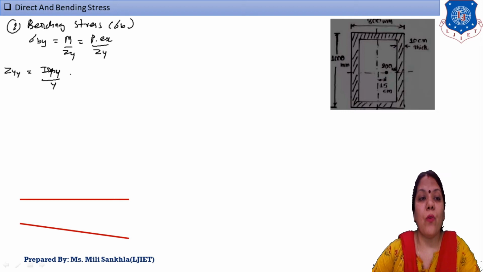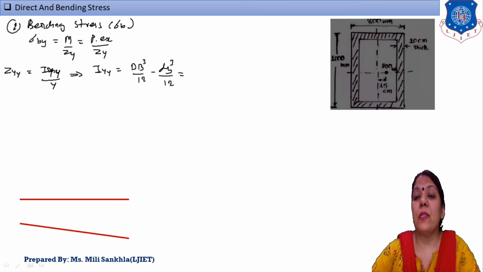Now what is inertia about the y-axis for this hollow rectangle section? That is D B cube by 12 minus small d small b cube by 12. What is the answer?